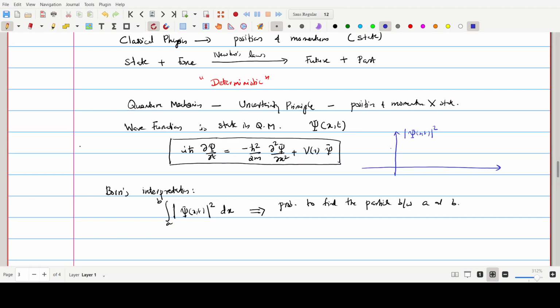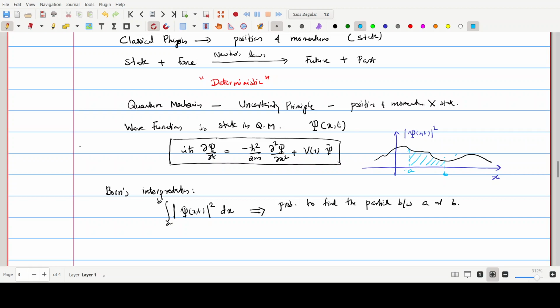The y-axis is mod psi of x,t square, and the horizontal axis is x. So some wave function like this. Let this point be a and this point be b. If you integrate mod psi square from a to b, then the area under the curve is a probability. Here it is not a deterministic quantity, it is a probabilistic quantity.